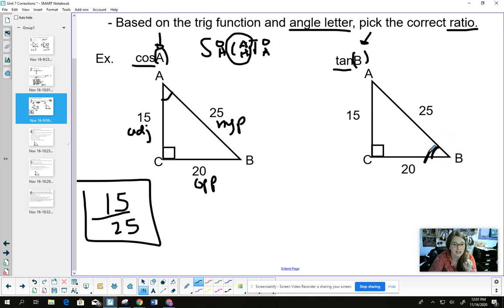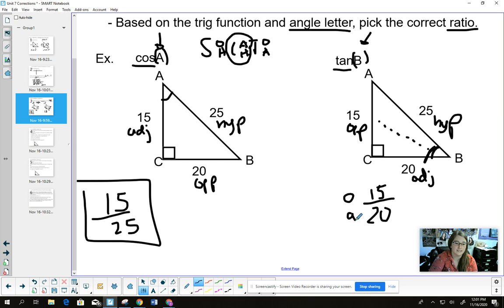In respect to this angle, now 15 is opposite. 25 is still the hypotenuse because that's always the hypotenuse. And this is the adjacent. So for tangent being opposite over adjacent, the answer to this question is 15 over 20.